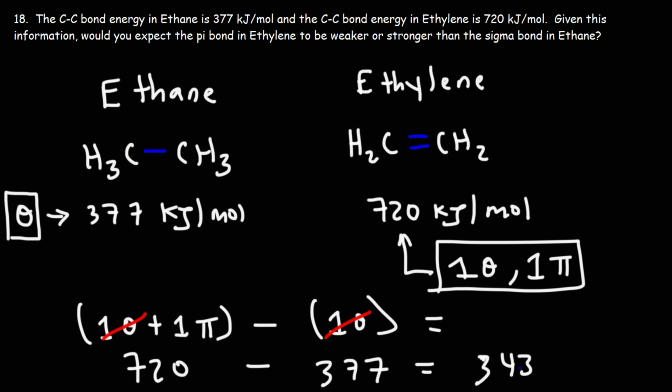This is an estimation of the pi bond energy that's found in ethylene. So you can think of it this way. This is just an estimation, by the way. It's not an exact number. So the first bond is the sigma bond. Think of the second bond as the pi bond.